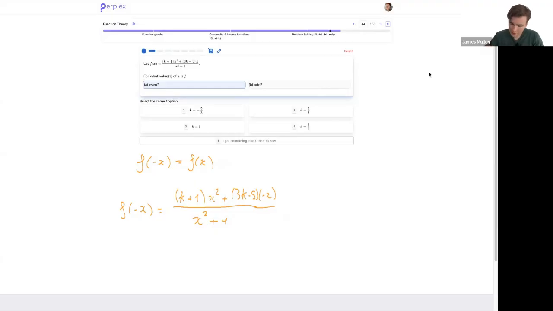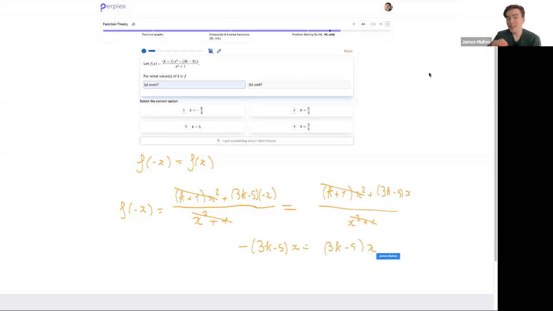And if this is an even function, that means that this is equal to the original, which is the same thing, so k plus 1 x squared plus 3k minus 5 x over x squared plus 1. And if I ignore the denominators because they're not going to be 0 and there's no issue there, and then I can cancel out k plus 1 x squared, I'm left with negative 3k minus 5 x is equal to 3k minus 5 x.